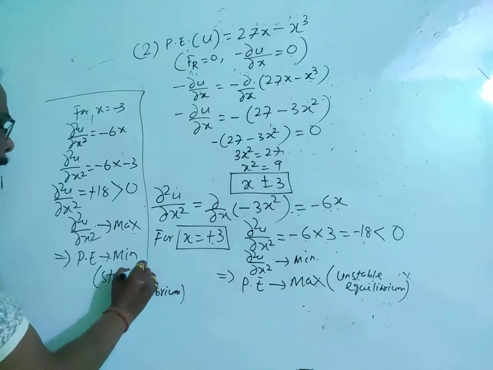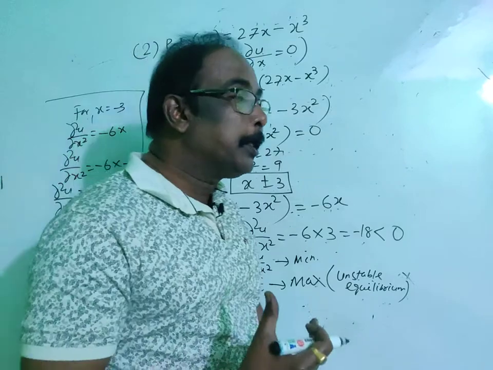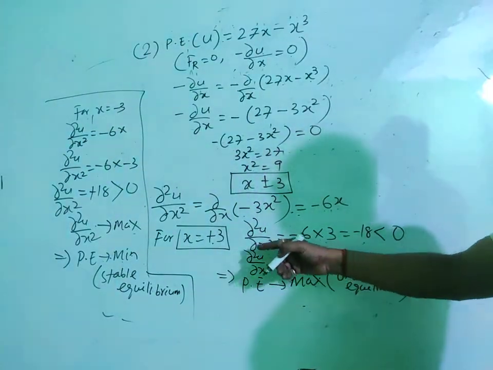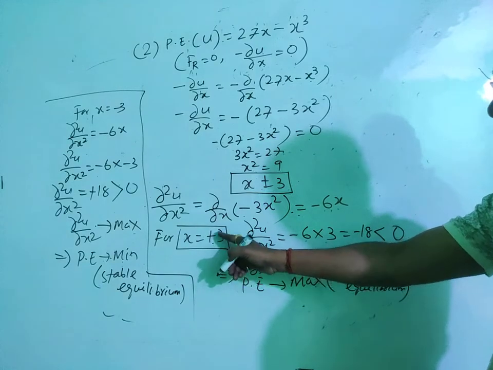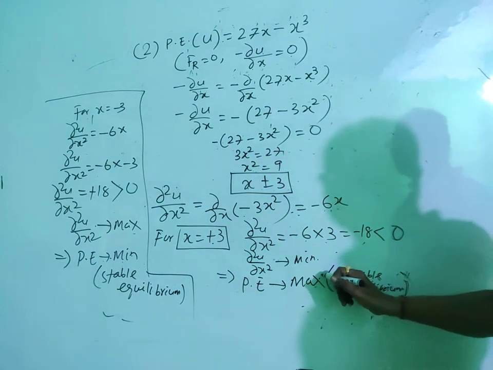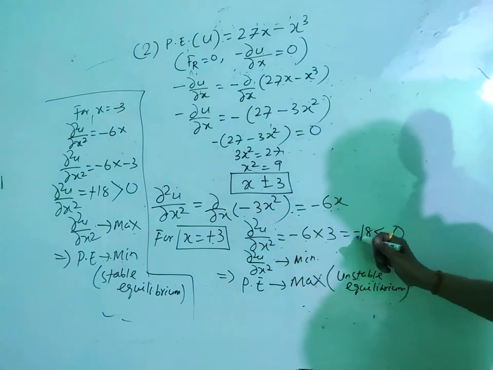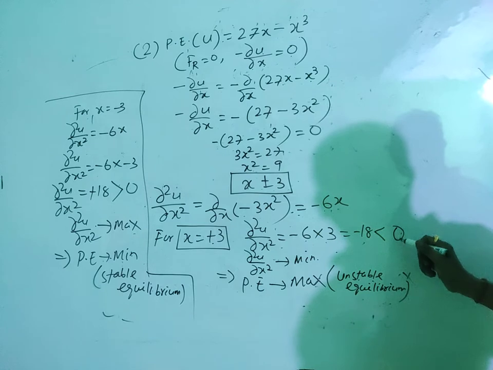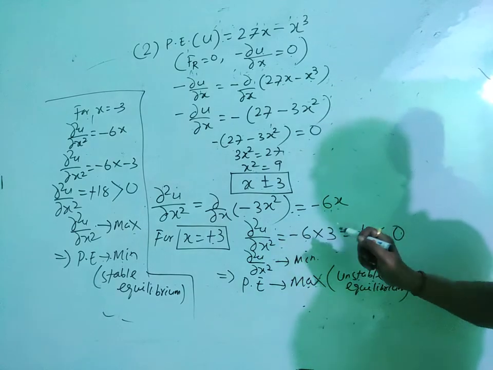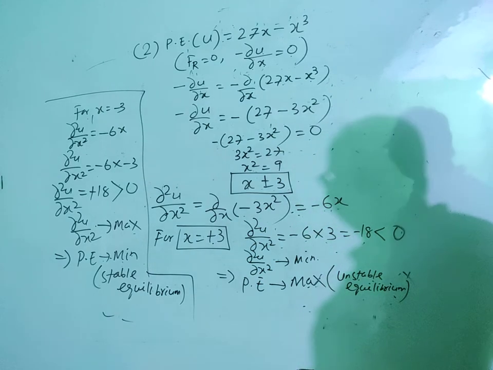See, once you understand the concept, then you can find the position of stable and unstable equilibrium. Here x is 3, positive, then this potential energy is maximum, or d square u by dx square is -18, less than 0, then potential energy is maximum, and at point 3 the condition of unstable equilibrium is satisfied.